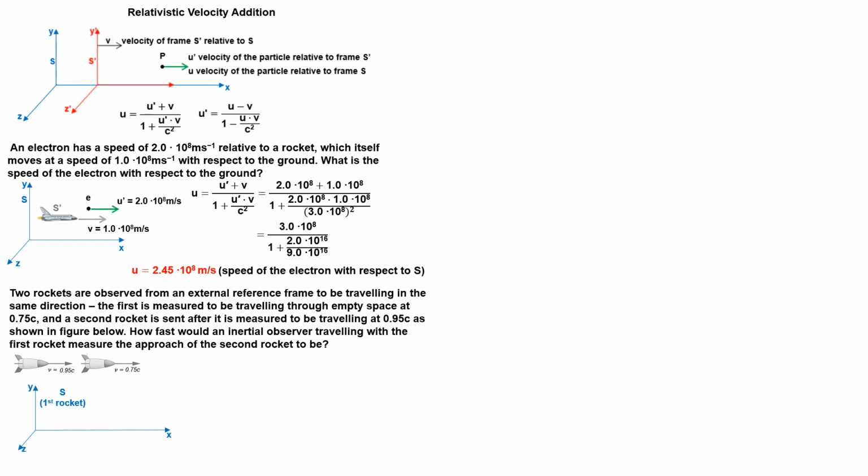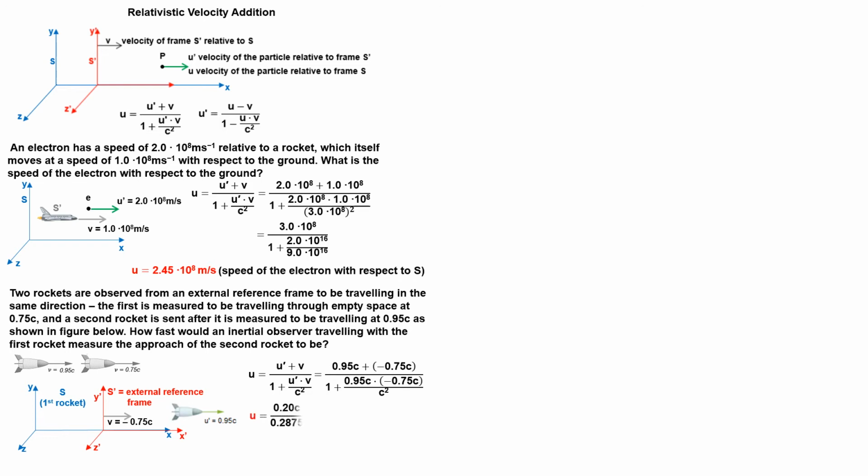So the frame S prime is the external reference frame that moves to the left with speed minus 0.75 times c. We now draw a picture of the situation. We can now simply substitute the values into the Lorentz velocity transformation.